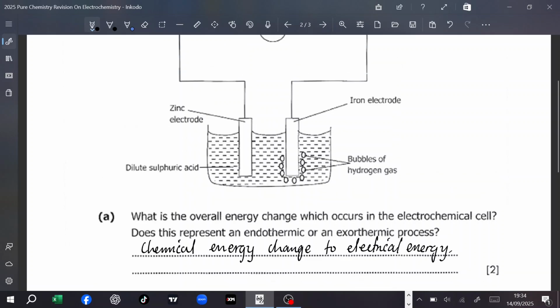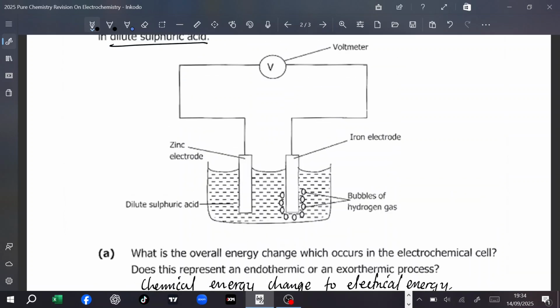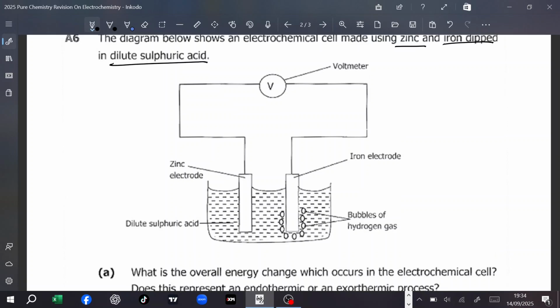So whenever this circuit is complete as it is, there's a current, which is of a voltage registered by the voltmeter here. Even when there's no battery here, the different metals which are used with different potentials generate electricity when they are dipped in an electrolyte like that.